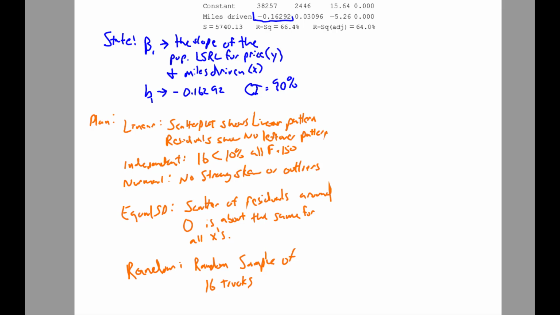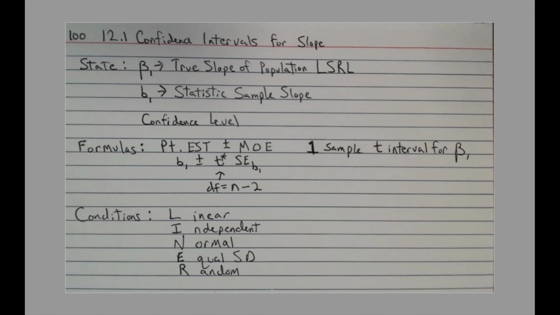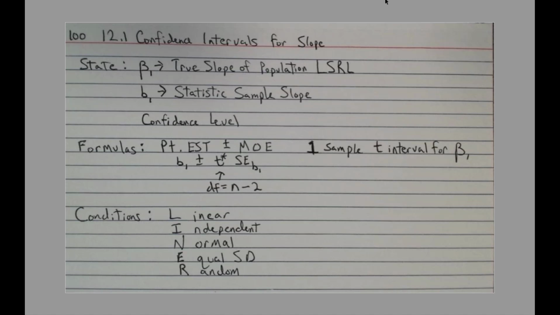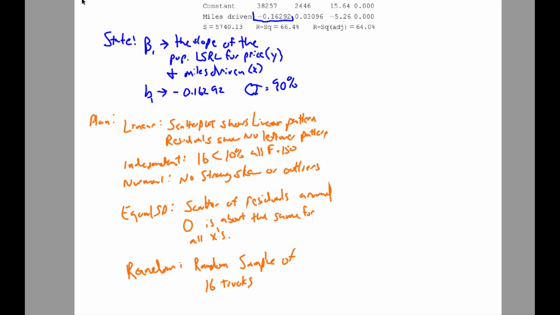Okay, so the next part we have to do is the do part, in which case the formula set up here is what we're really going to use for the do part. So dealing with those guys right in there. The color for this one, we'll say, make it purple. So for the formulas dealing with the do part, we're going to use these equations right here, okay? So for the do part, we have our point estimate plus or minus our margin of error.